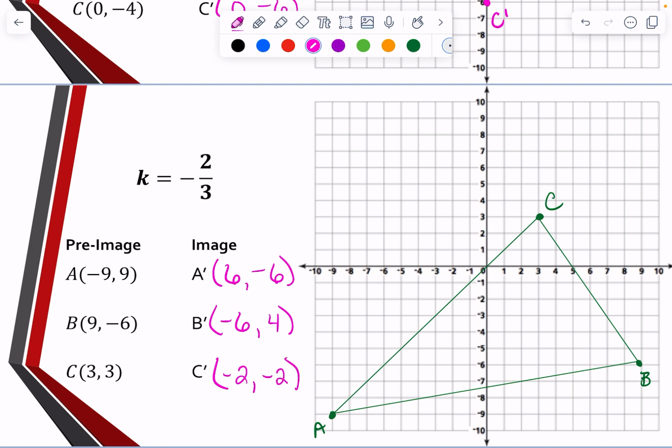So we're going to start off. I've got 6, negative 6. So 1, 2, 3, 4, 5, 6. Down 6. Here is A prime. B prime is negative 6, 4. And C prime is negative 2, negative 2.